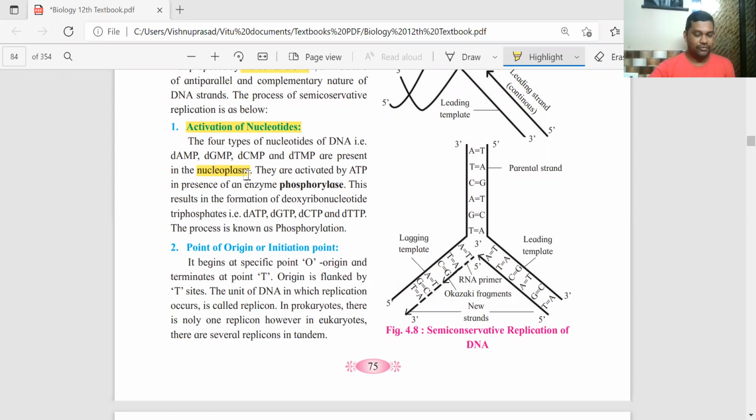Nucleotides which are present in the nucleoplasm, they are not just present as molecules of adenine, guanine, thymine, cytosine. Molecular form. So you can see dAMP, deoxyadenosine monophosphate; deoxyguanosine monophosphate; deoxycytidine monophosphate; and deoxythymidine monophosphate. ये nucleotides which are in an inactivated form.